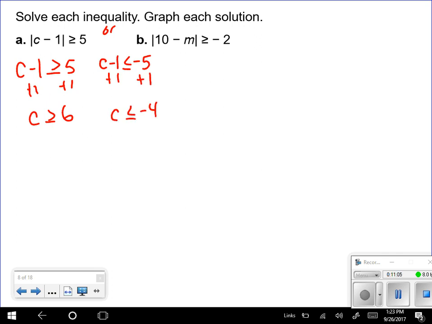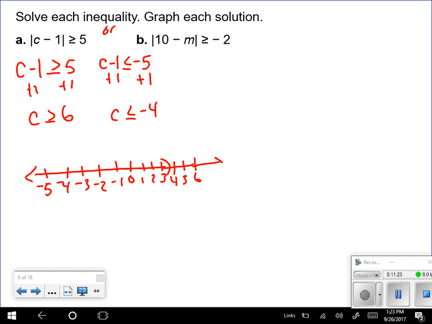So when I graph this, they should be heading in opposite directions. Okay, so I have a closed circle at 6, and c is greater than 6.